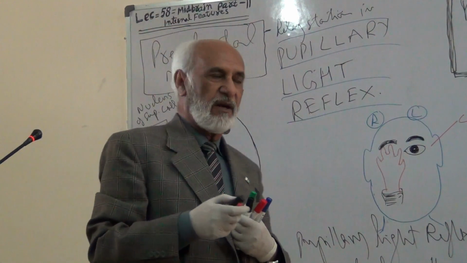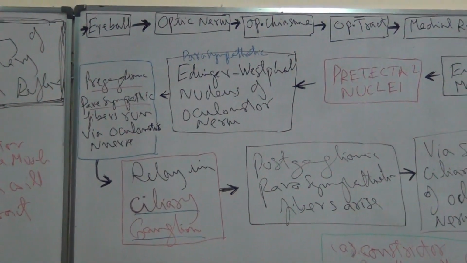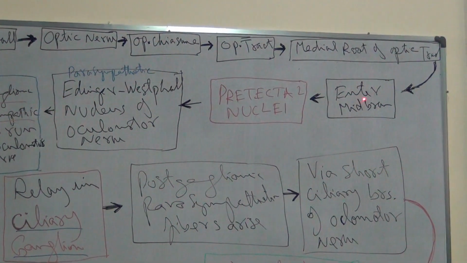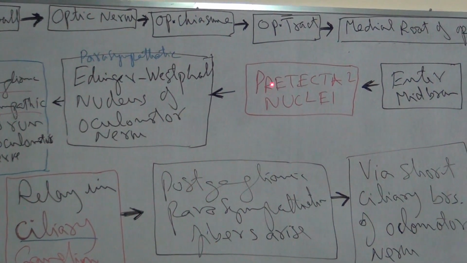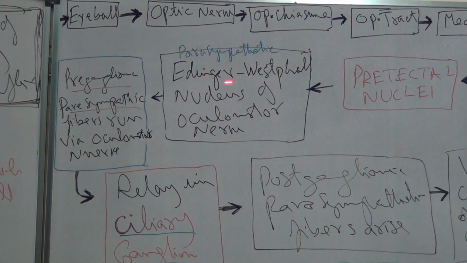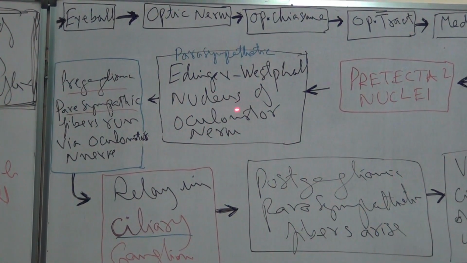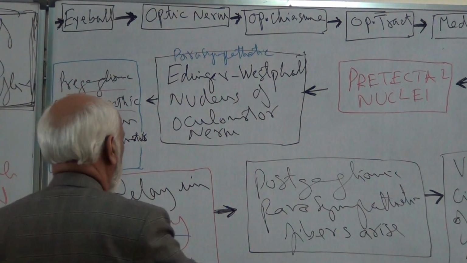And this consensual light reflex is because the fibers of the medial root relay in the pretectal nuclei of both sides. And second, the fibers from pretectal nuclei also make connection with the Edinger-Westphal nucleus of oculomotor nerve, both sides. So bilaterally.